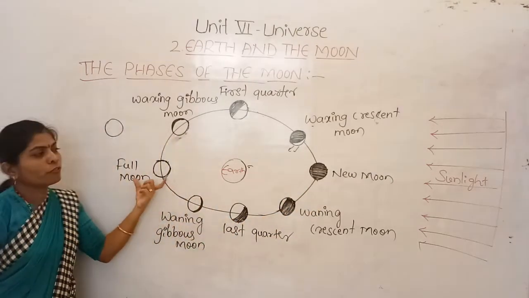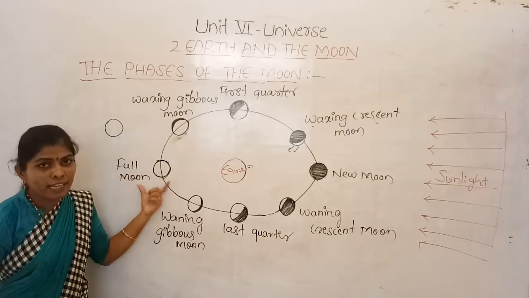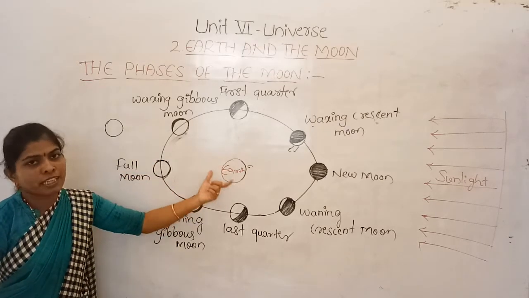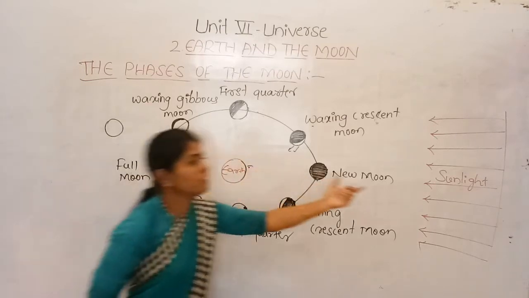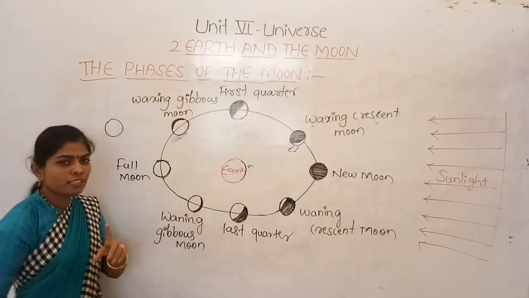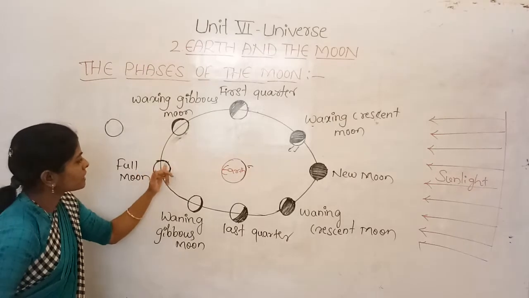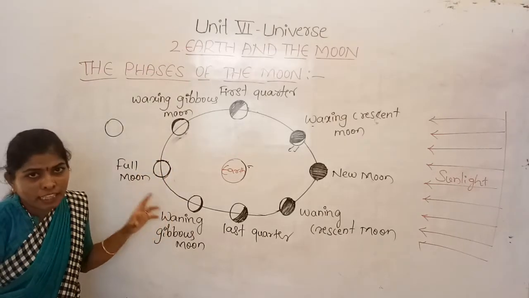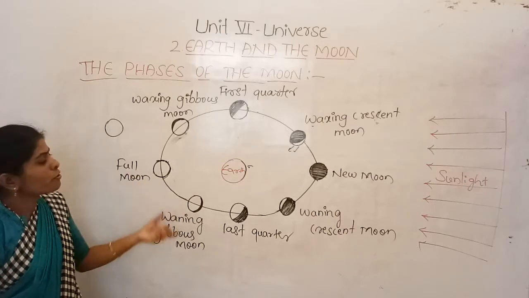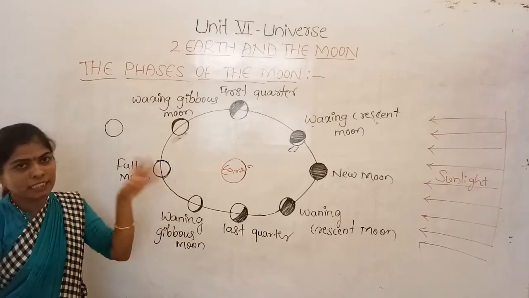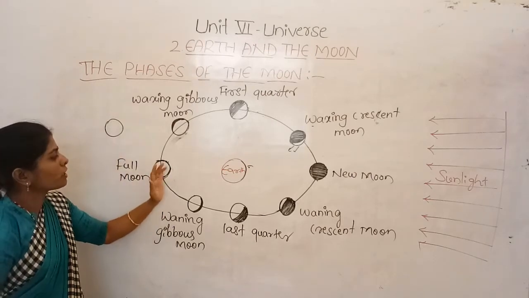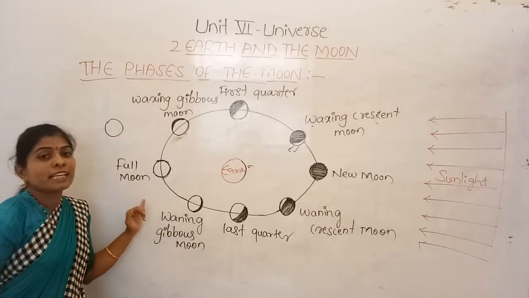And the full moon occurs when the earth comes in between the moon and the sun. At that time we can see the complete lit surface, the complete illuminated part of the moon, in a ball shape in the sky, so we call it the full moon.